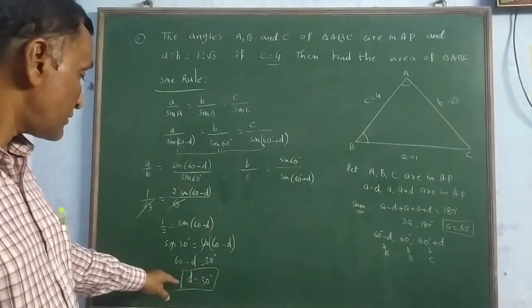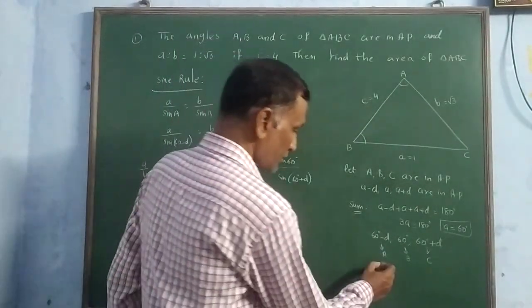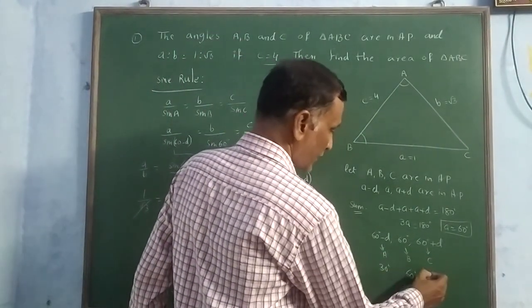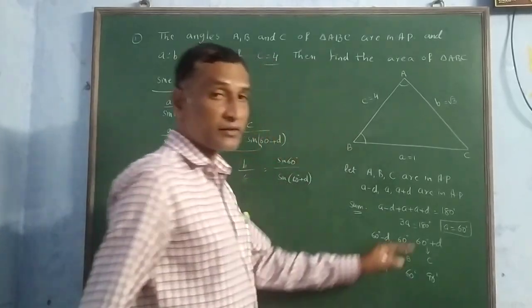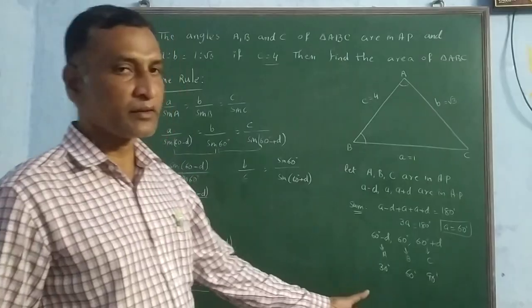D is 30 degrees. We apply here 60 minus 30, 30 only. Angle A is 30, angle B is 60, angle C is 90. Substituting D as 30, 30 plus 60 is 90.